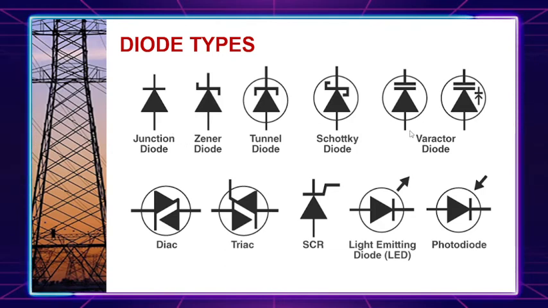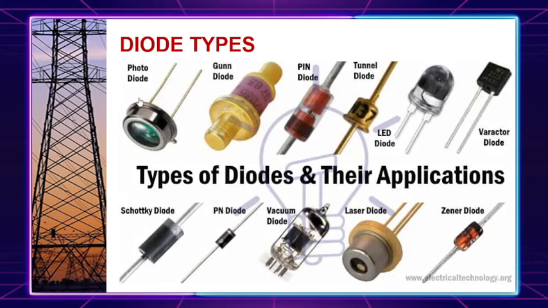The only difference based on the illustration are the symbols and the direction. We have the junction, Zener, tunnel, Schottky, Varactor, diode, triac, light emitting diode, photodiode. These are examples of diodes. And these are the actual components.